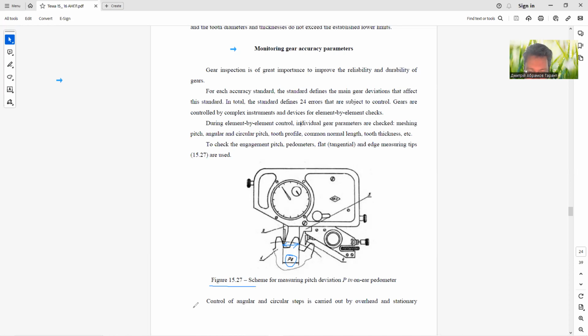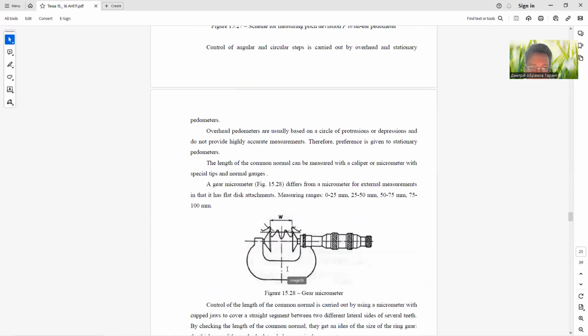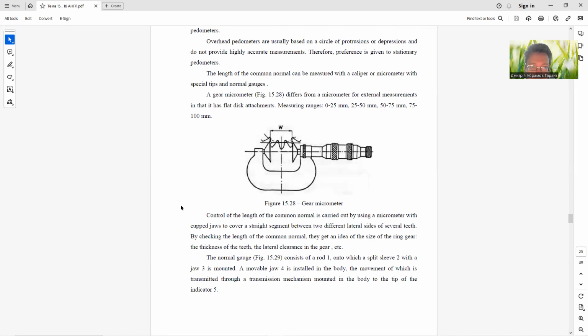Control of angular and circular pitches is carried out by overhead and stationary pitch gauges. Overhead pitch gauges are usually based on the circle of protractions or depressions and do not provide highly accurate measurements. Therefore, preference is given to stationary pitch gauges.